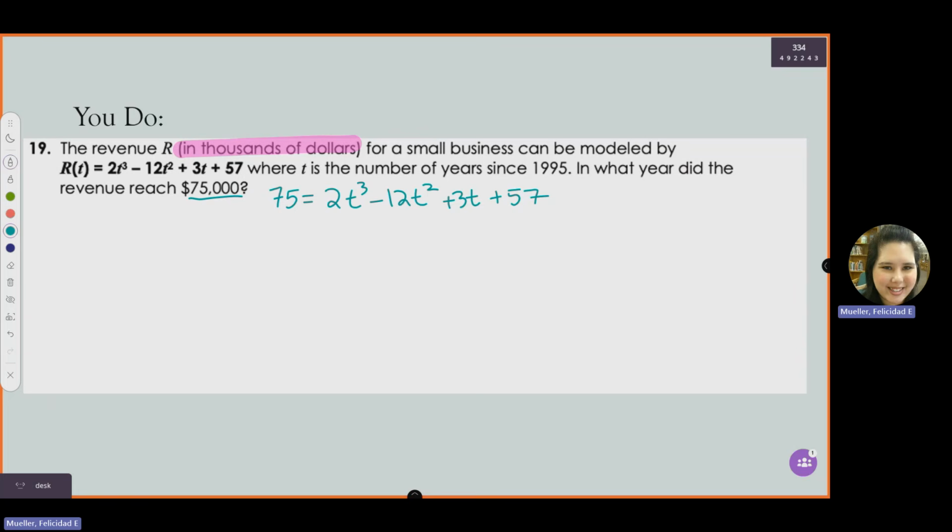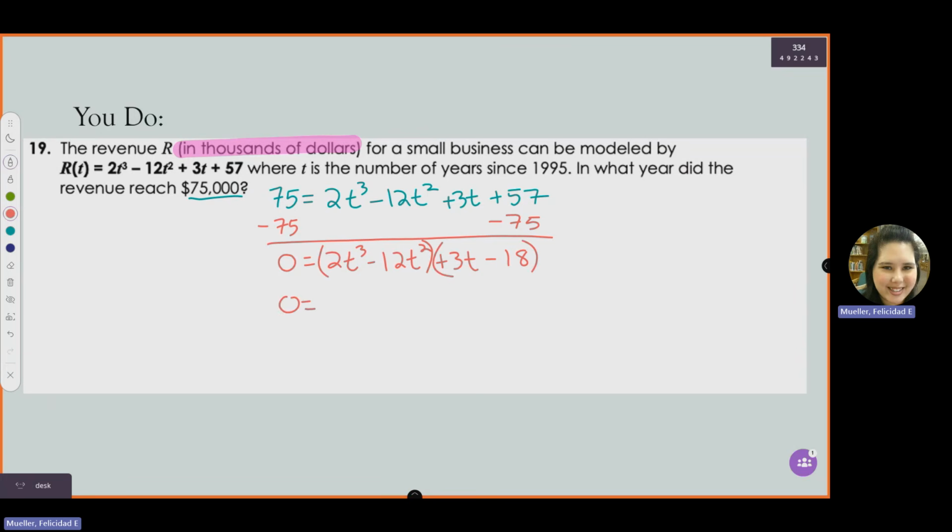Let's go ahead and check your work. So the first thing you should have done was subtract 75 from both sides. And so we would have 2t cubed minus 12t squared plus 3t minus 18. So we're going to do first two, last two.